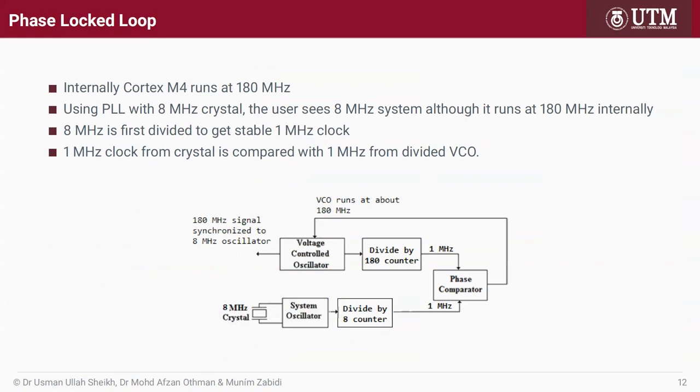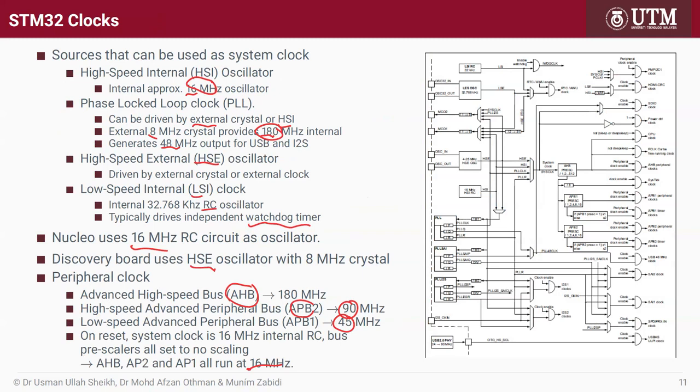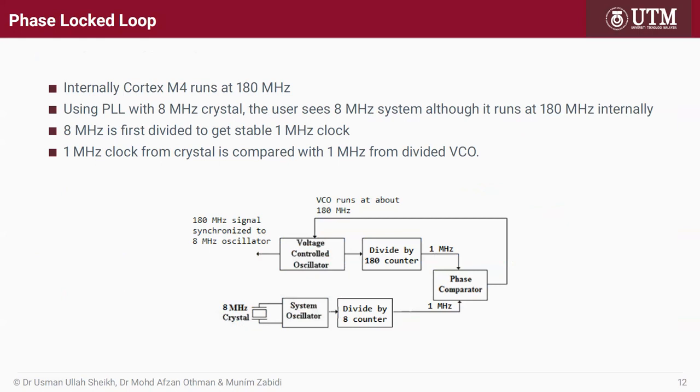Internally the Cortex can run at 180, but you must use the VCO and phase-locked loop. You must use the 8 megahertz crystal, which we don't have on the Nucleo. If you have the crystal, then we can see that the VCO first divides 8 megahertz by 8, so we have 1 megahertz.